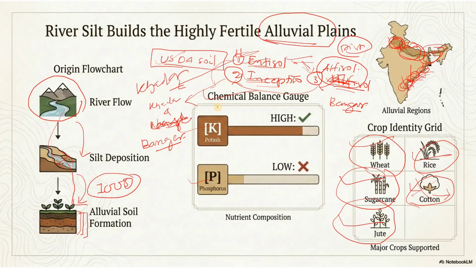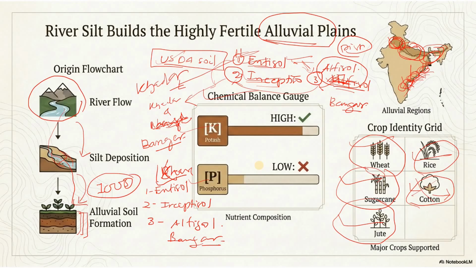So what we have discussed here: the USDA soil taxonomy defines alluvial soil as the Entisol, second the Inceptisol, third the Alfisol. And this is khadar soil, and this is bhangar soil.